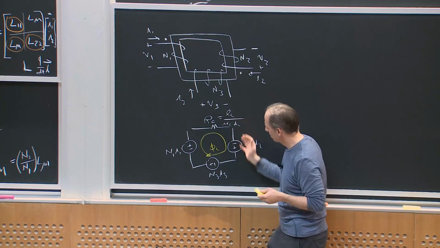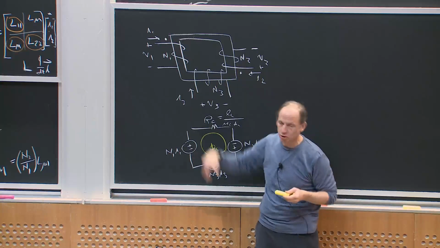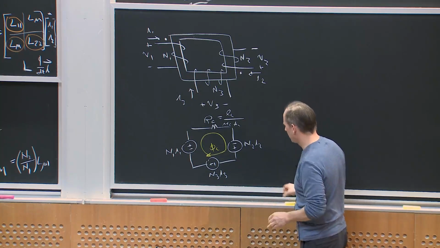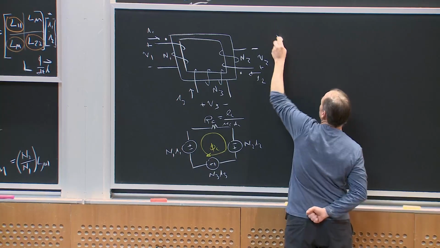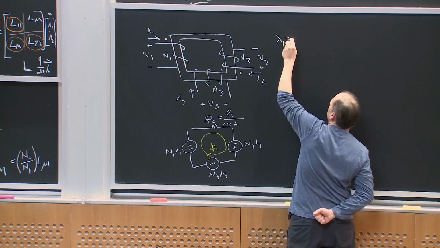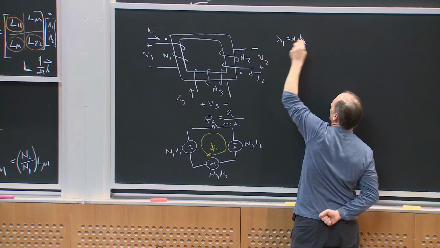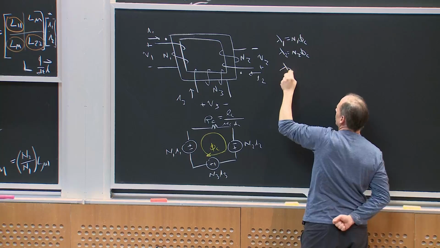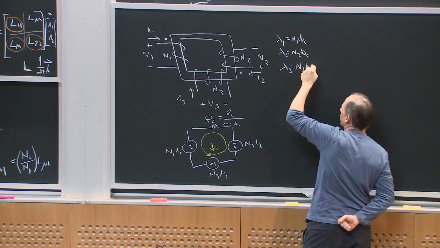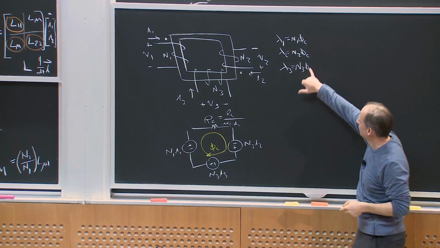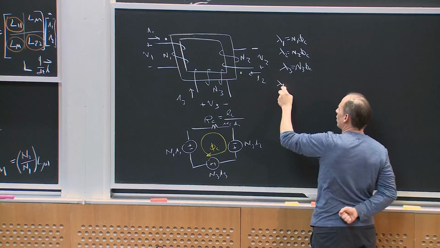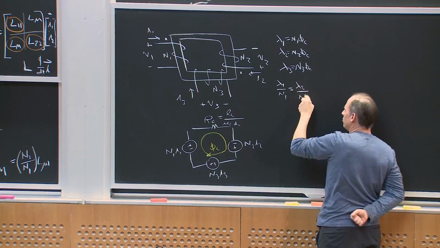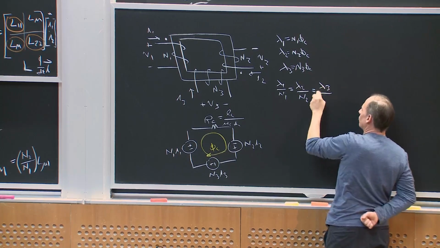Well, if I do this approximation, I'm pretending there's no leakage flux at all. That means that lambda 1 is equal to N1 phi core, lambda 2 is equal to N2 phi core, lambda 3 is equal to N3 phi core. So what I get is phi core is equal to lambda 1 over N1, which is equal to lambda 2 over N2, which is equal to lambda 3 over N3.